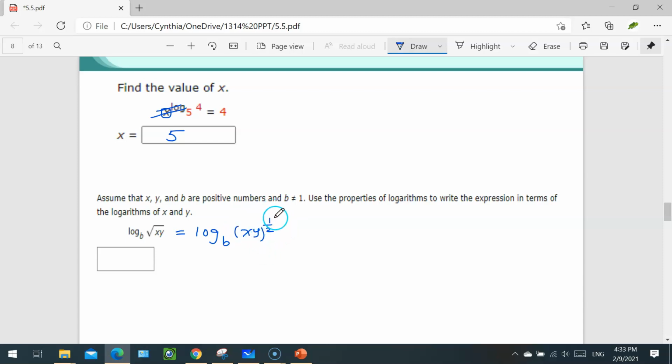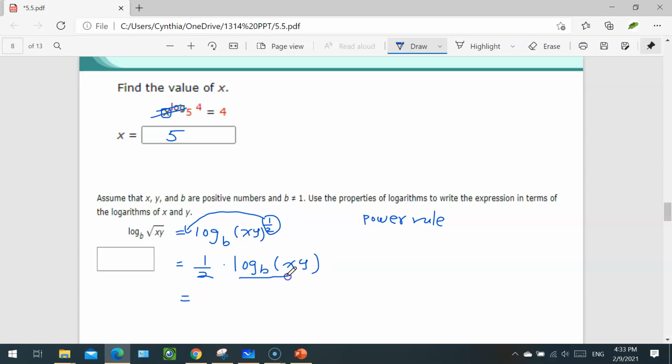Now we have the power, so we go with the power rule. According to the power rule, we can move the power number to the front. So it turns to half multiplied by log base b of xy.